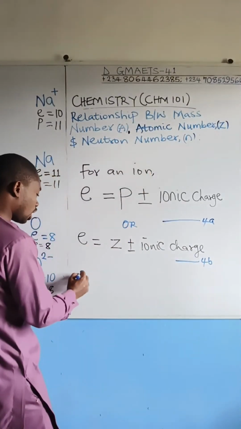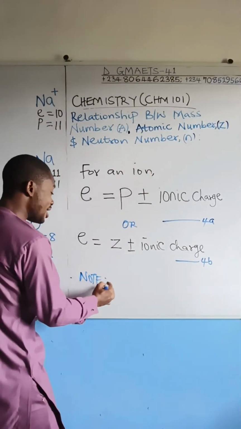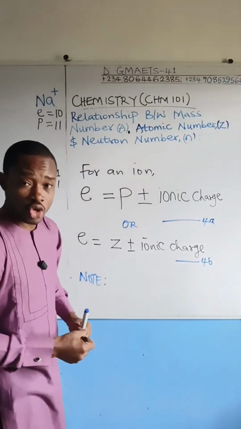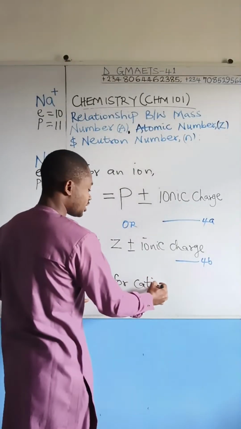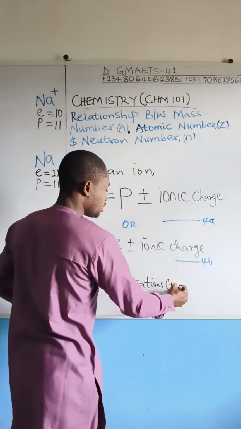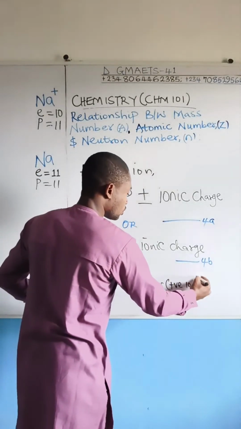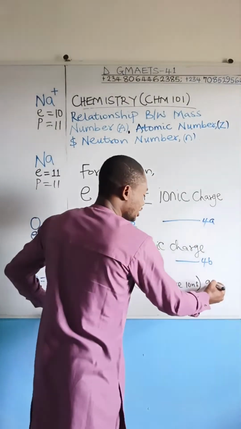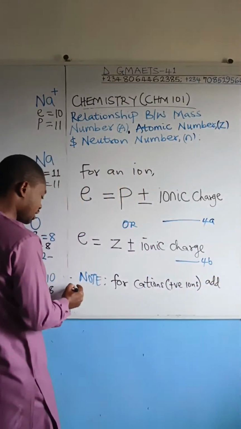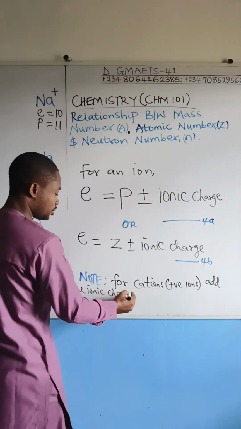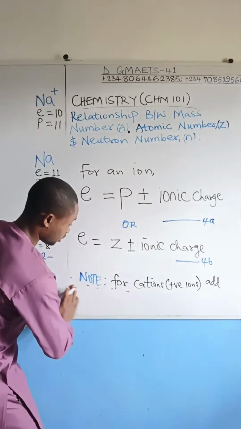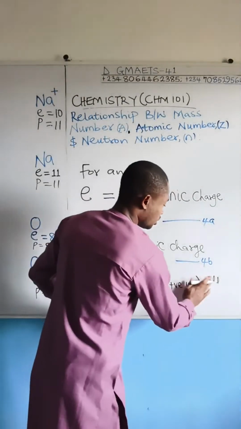So let me conclude this relationship analysis by writing notes. For cations, in brackets, positive ions, add the ionic charge. Oh no, for cations, subtract the ionic charge rather.